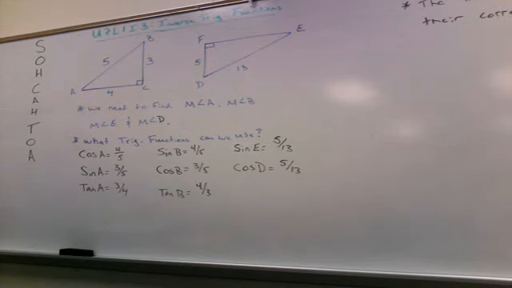Gets rid of sine. Cosine -1 is inverse cosine. It'll get rid of cosine. And tan -1 is inverse tangent. It'll get rid of tangent.